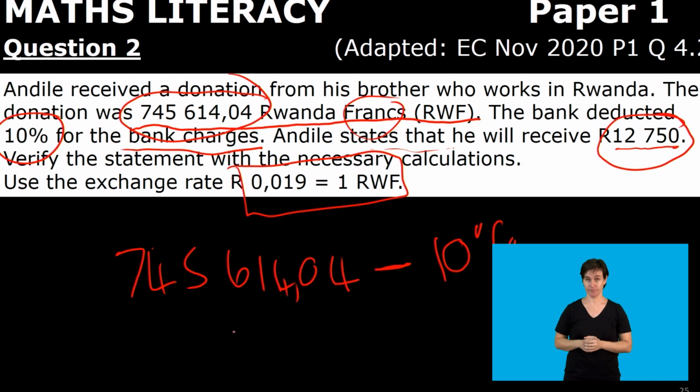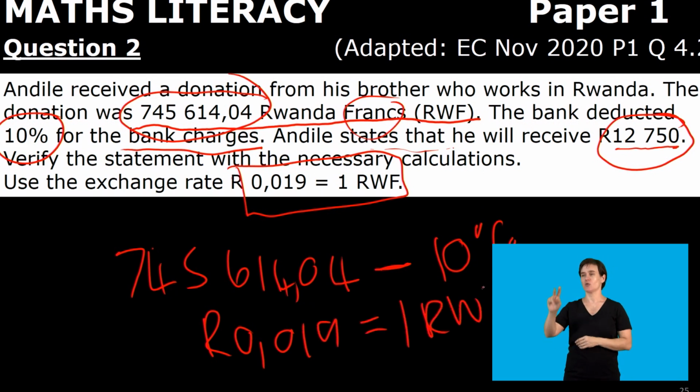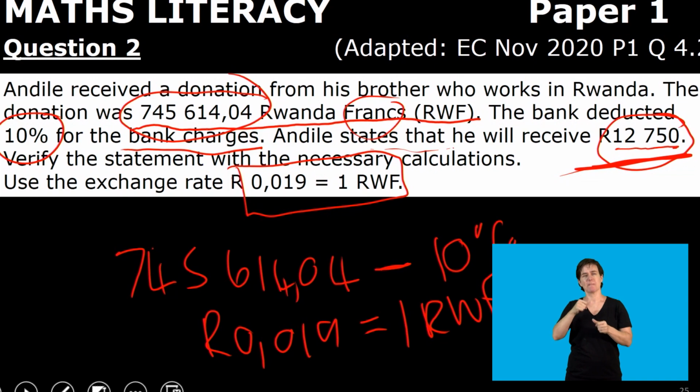Then you are going to use the exchange rate, and see whether you arrive at the answer of 12,750. That is how you will do it. But remember, my way is not the only way. Maybe you've got a shorter way to do it, but that's how I would have done it.